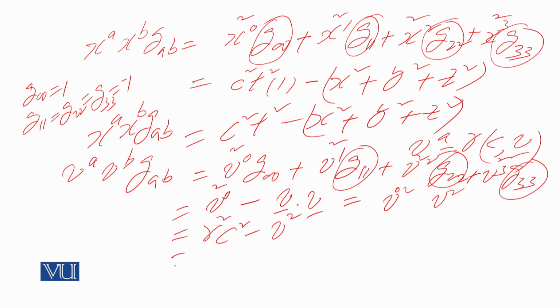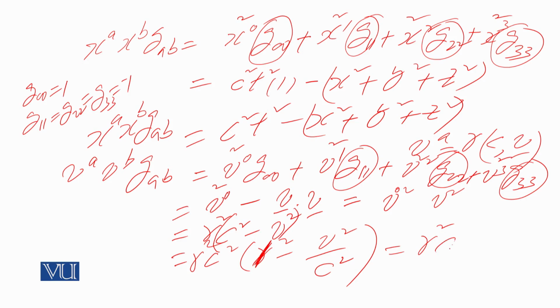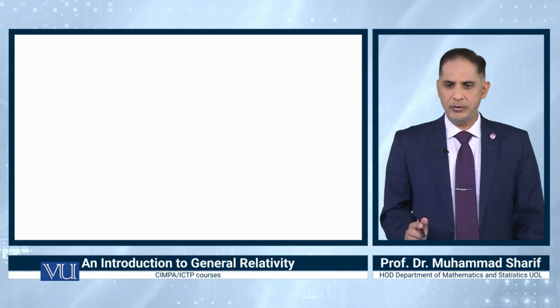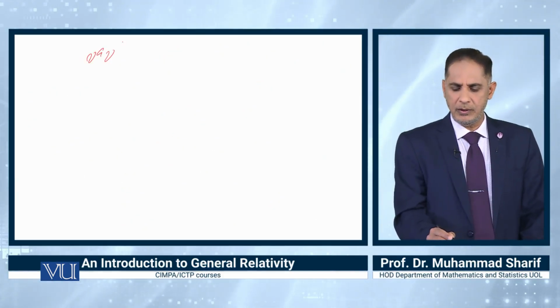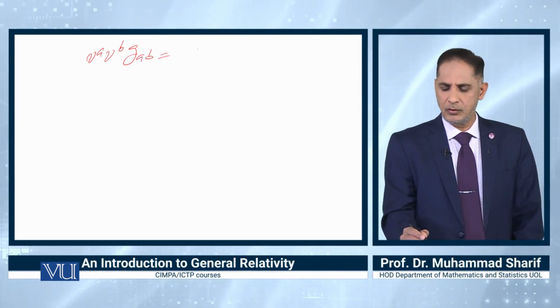If I take gamma square outside, then it is c square minus v square, and here gamma square is common, here it is 1. So this factor is gamma square c square, and this is 1 over gamma square. So the magnitude of the 4-velocity is c square. So we have shown that VA, VB, GAB is equal to c square.